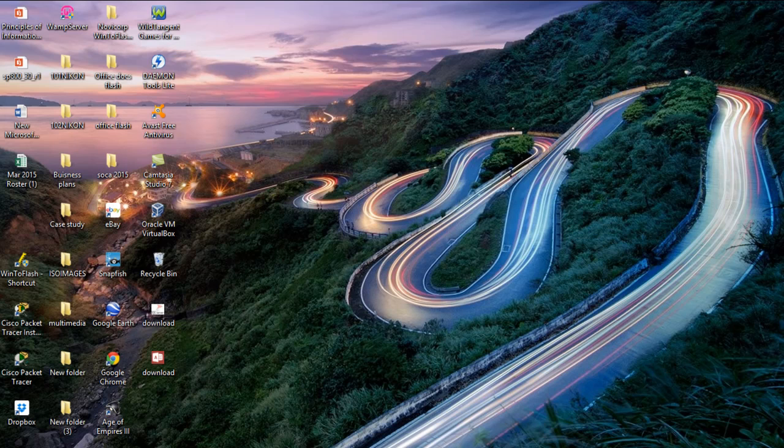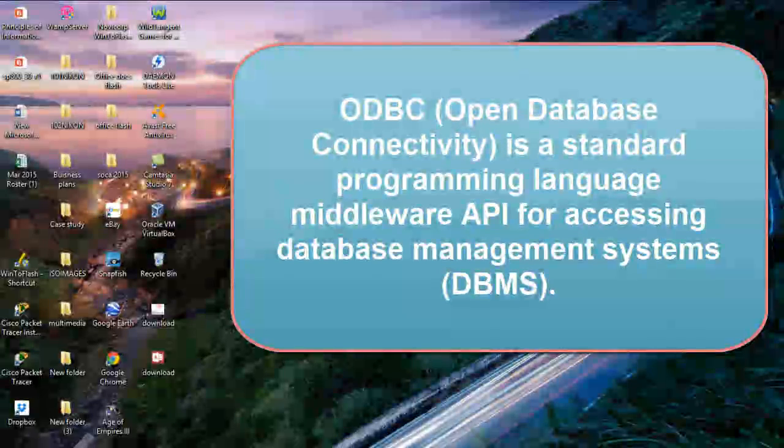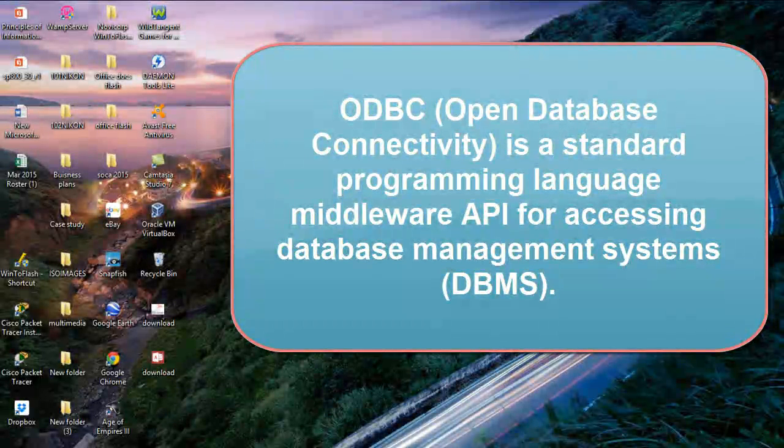Today we're going to be using WAMP Server to link a database to Microsoft Access using an ODBC connector. Basically, ODBC is Open Database Connectivity.